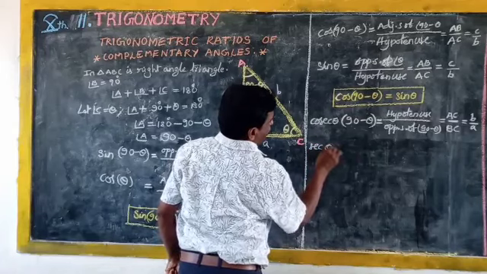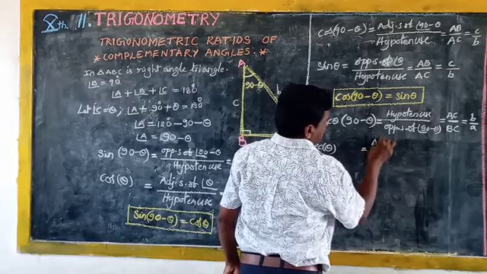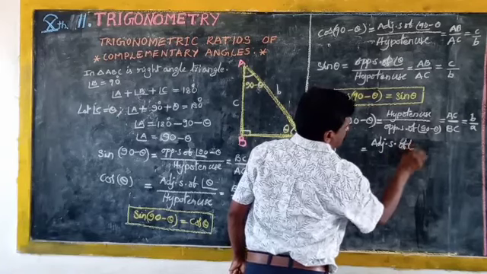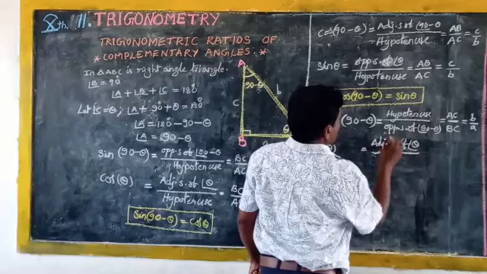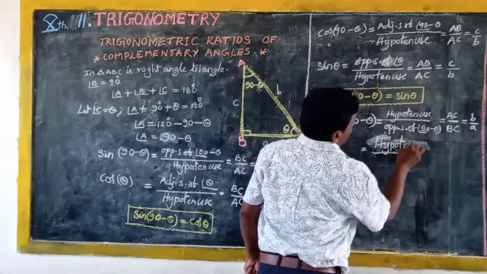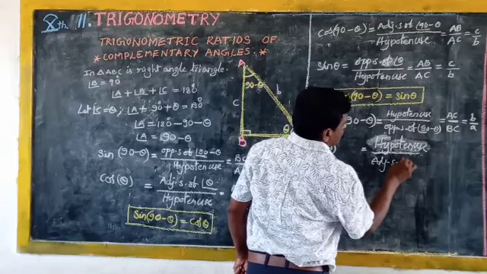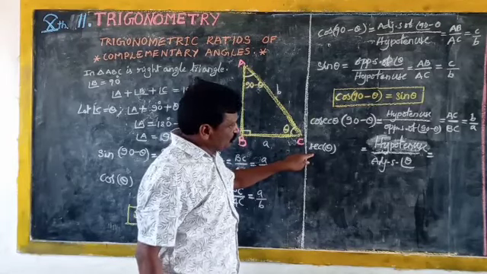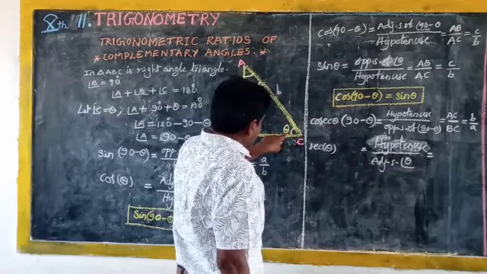Secant theta is hypotenuse by adjacent side of angle theta.